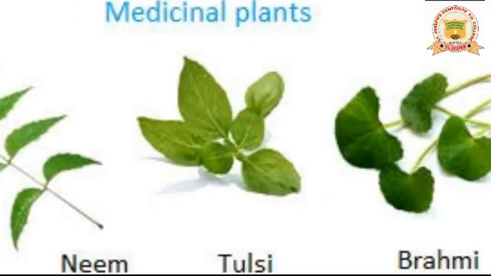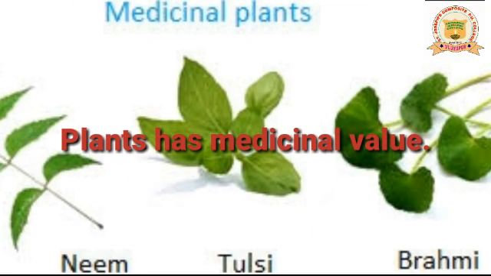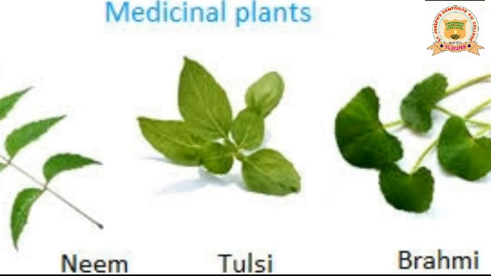Now next one, some plants have medicinal values like neem, tulsi and brahmi. That's why these plants are used to prepare Ayurvedic medicines also. And you eat tulsi leaves to cure cough and cold also.